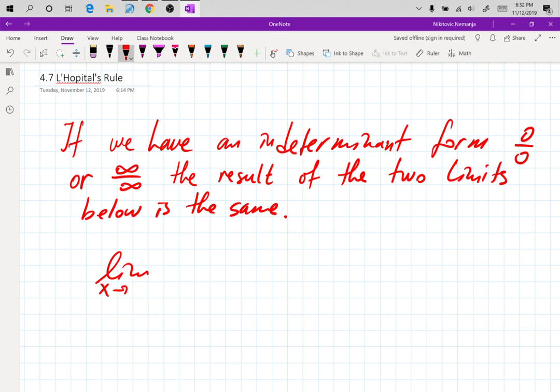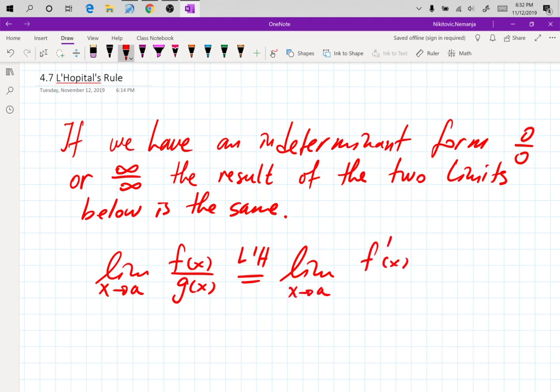Limit as x goes to a of f of x divided by g of x, L'Hopital on the equal sign, equals the limit as x goes to a of f prime of x divided by g prime of x.